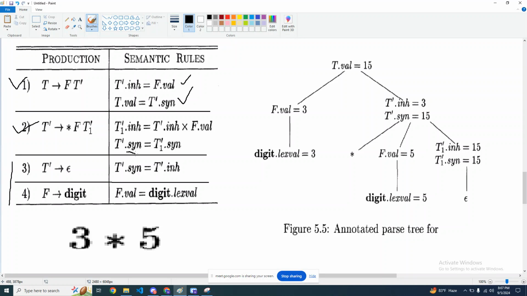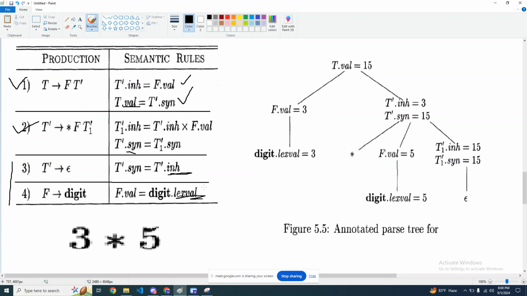This SYN attribute is a synthesized attribute. This VAL attribute is a synthesized attribute. And this INH is an inherited attribute. Lexical value is always a synthesized attribute, right?